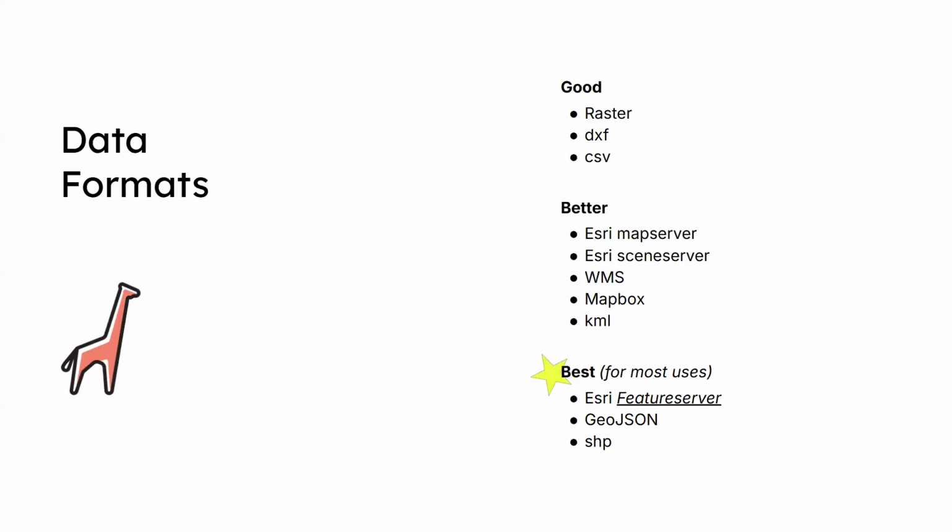If you're uploading massive files that are just file hosted in the Giraffe database, your computer is going to have a hard time processing those. Whereas if it is hosted on an API server, all of that processing is being done off of your computer. So it is going to be much faster.